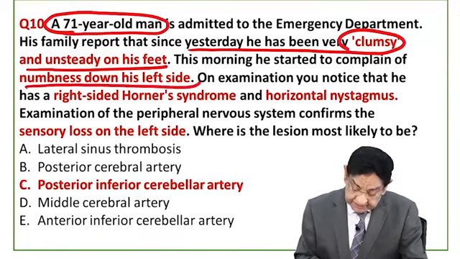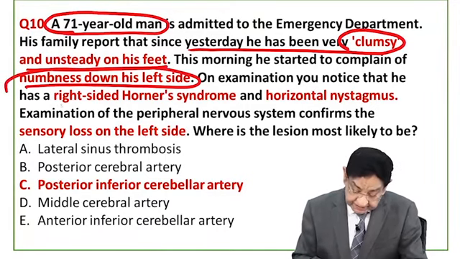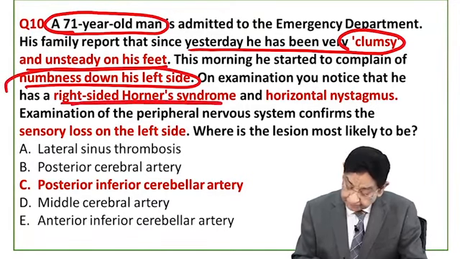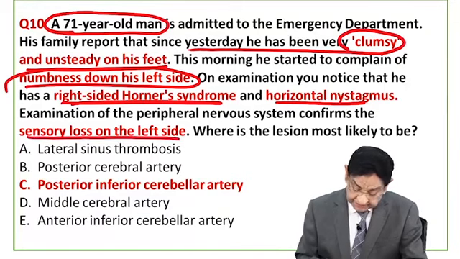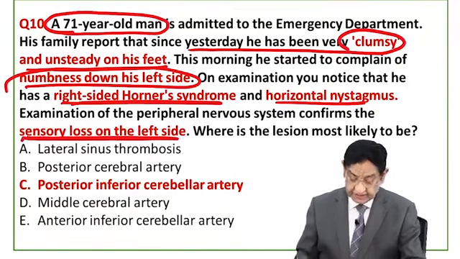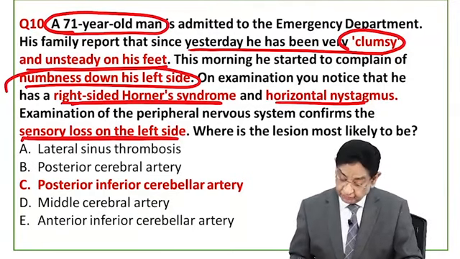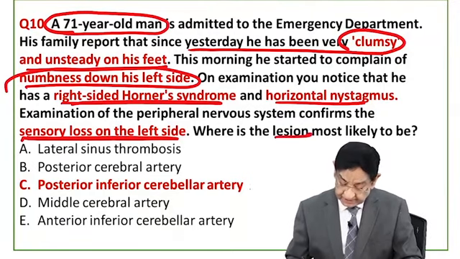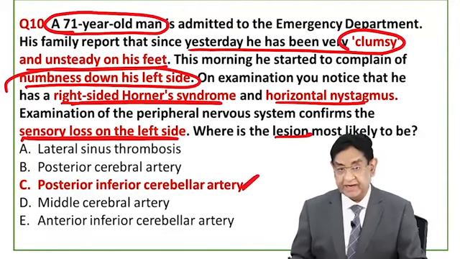Numbness down his left side. Right-sided Horner syndrome. Nystagmus. Sensory loss on the left side. The question is where the lesion is. The answer is posterior inferior cerebellar artery.